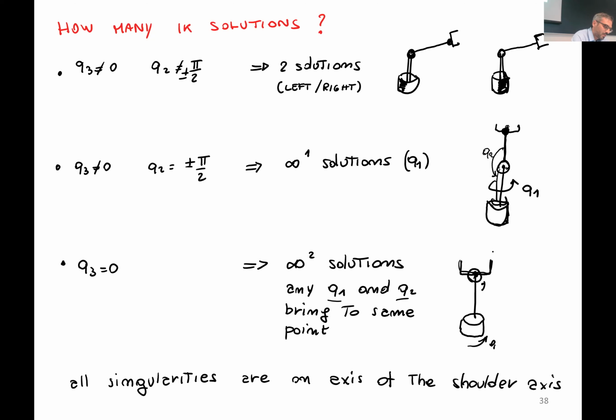And these are on the shoulder axis. While in here we have infinite solution for Q1. But we can move Q2. And Q2 has some values. Okay.